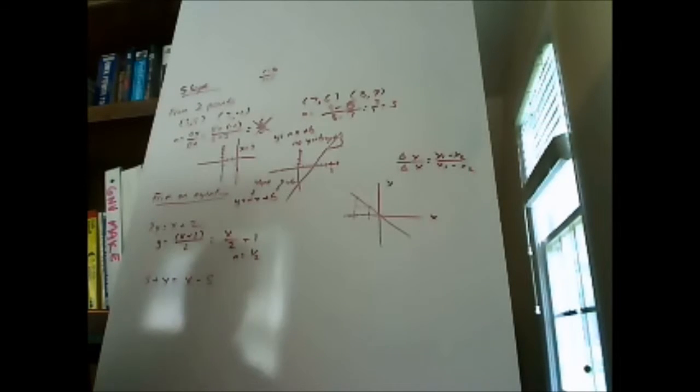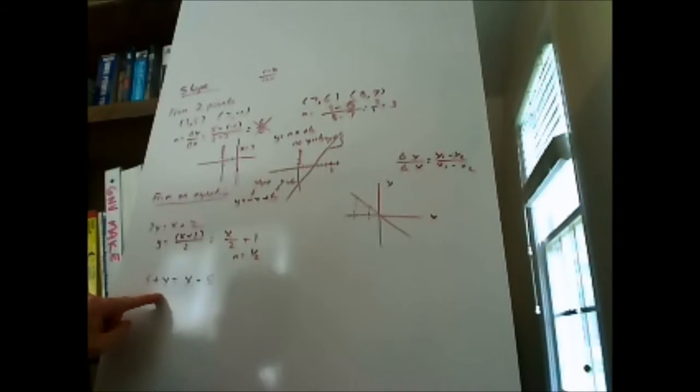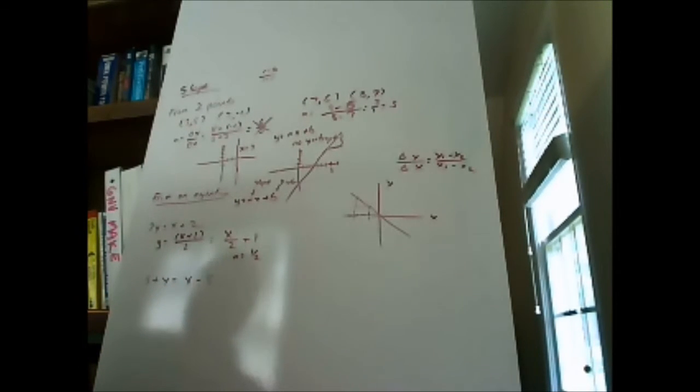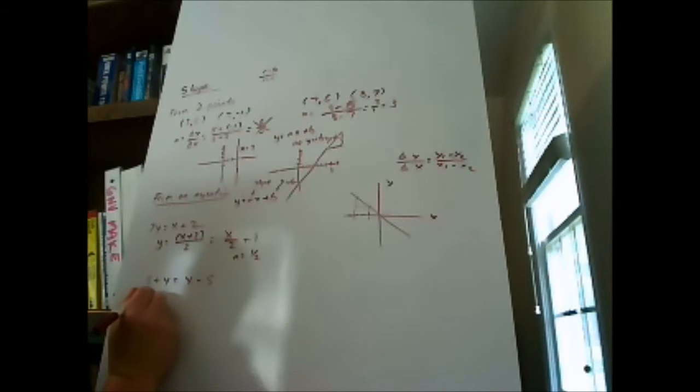You could also put a couple points in and draw a line if you want. We can do that later. Here's another one. 5 plus y is equal to x minus 5. Well, we need to get y on the left-hand side, basically, to have this form. So we need to subtract 5 from both sides.